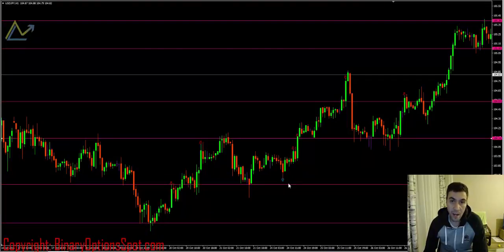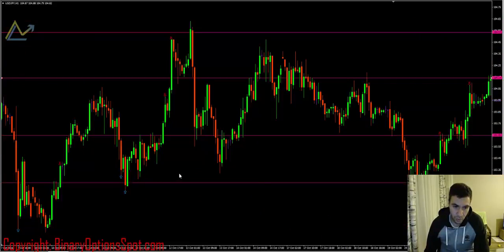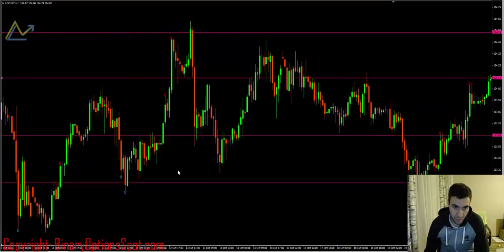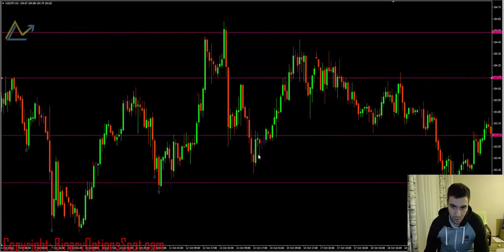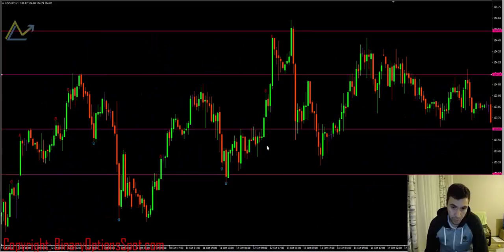Those are spots where the price action is expected to react. It's the places where the next thing is going to happen. So it's really good to draw support and resistance, and as I said, you will be amazed how those lines are respected in the future, and also in the past.